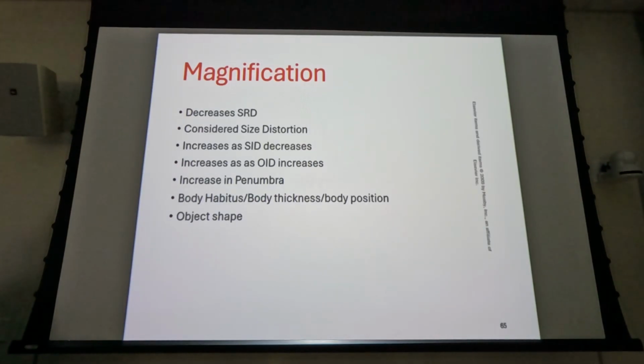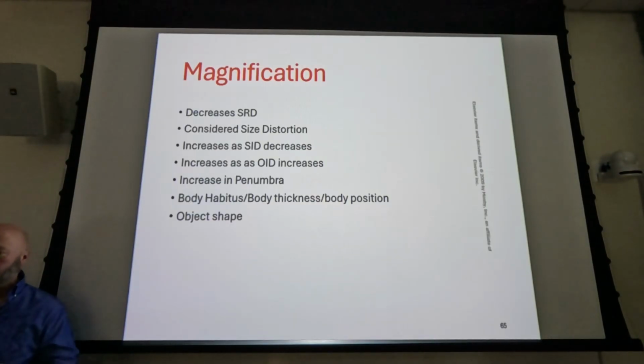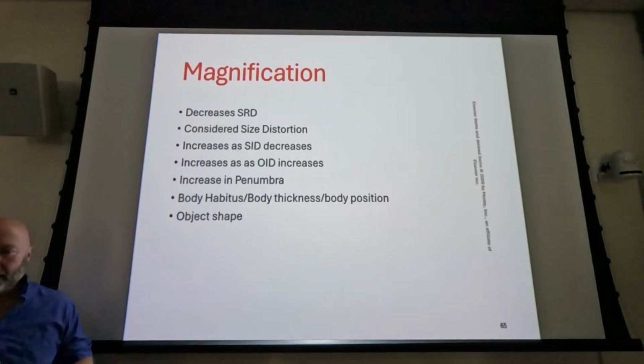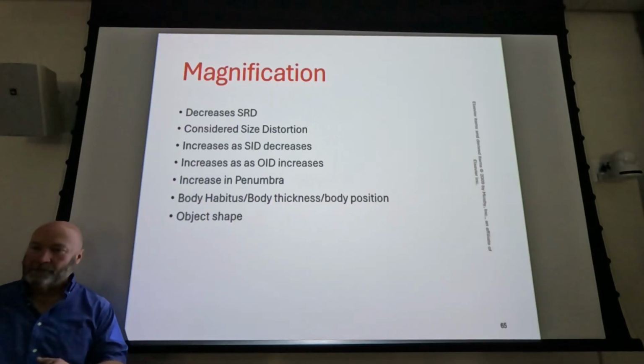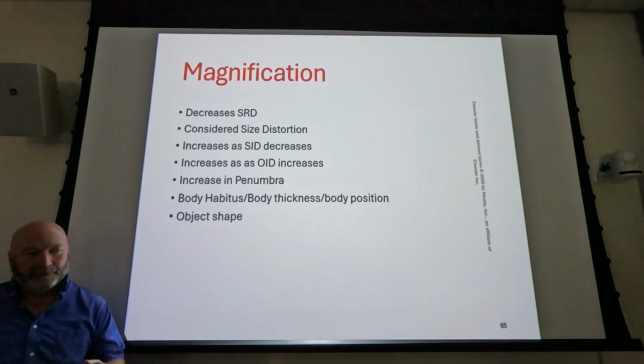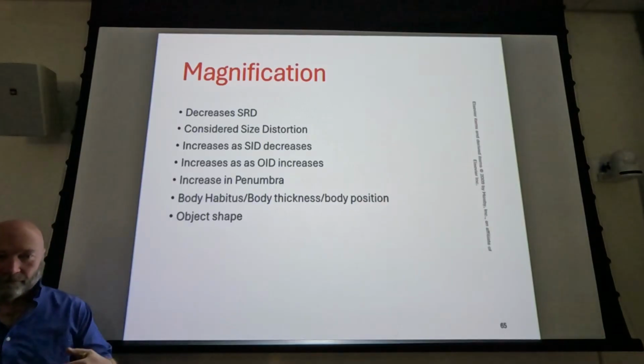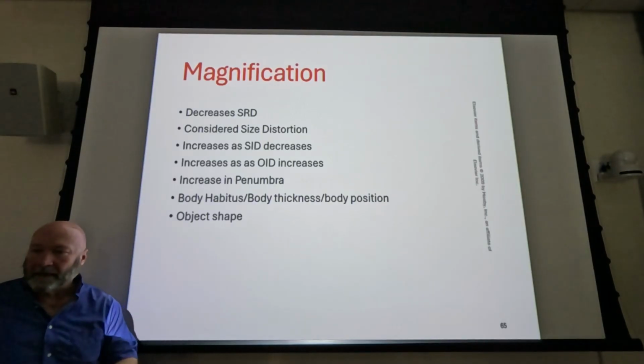But there are some other things as well, body habitus. So back to the tomography thing, the place that we used it in my career the most was on IVPs, when we used to do IVPs. The kidneys lay 1/3 of the way through the patient's body. So we'd have to take calipers and measure the patient's body, and just to keep it simple, let's say the patient measured 21 centimeters from back to front.